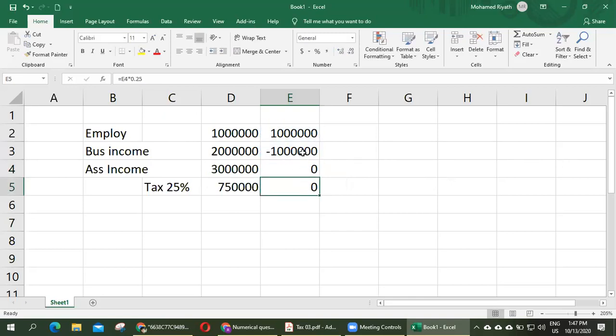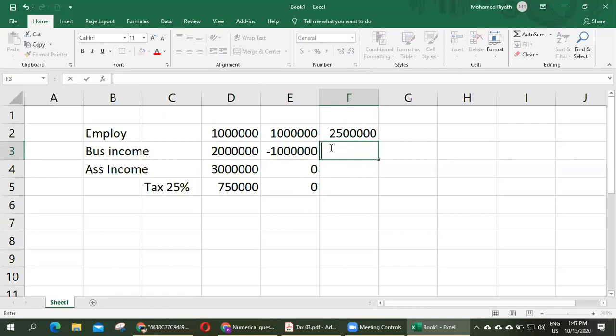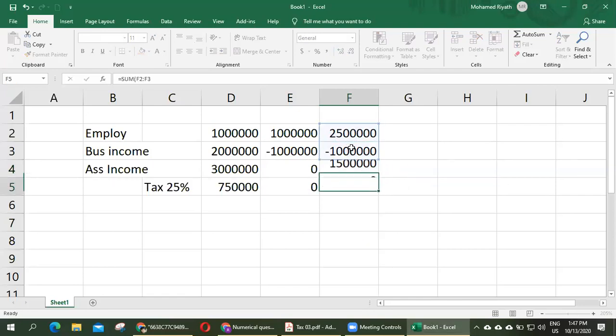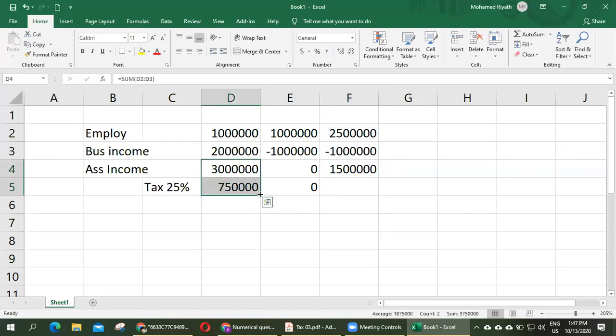Then what will happen to the balance 1 million loss? Say next year his income is 250,000 like this. Next year he can carry forward the previous loss of 1 million here. Then sum, so then he pays tax like this. And then he may pay tax like this, right?